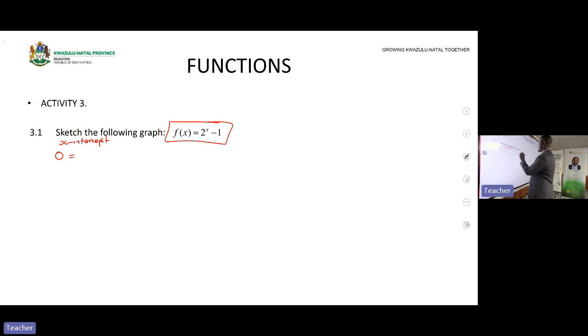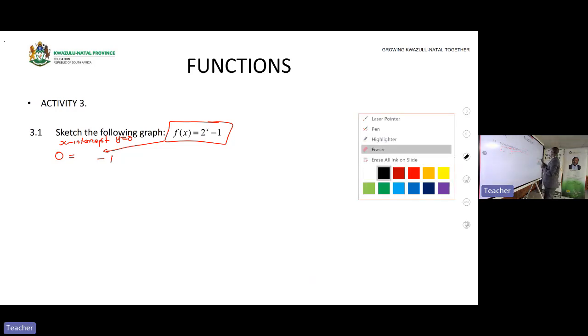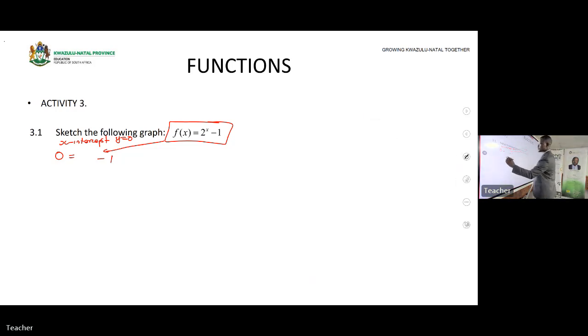So we'll go to our equation where there is y and substitute 0. So it will be 0 equals 2 to the power x minus 1. Then we are going to solve for x. So it's going to be 2 to the power x minus 1. Then we are going to transpose our 1.